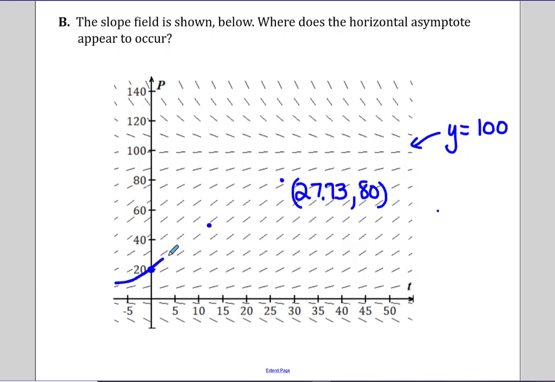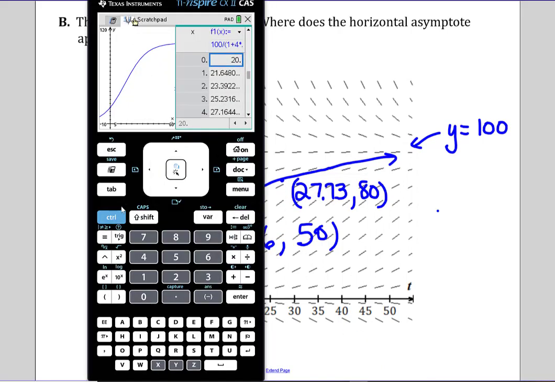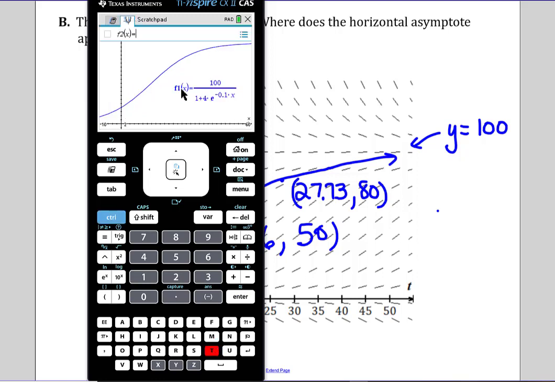And you can see we're following along that curve rather nicely. So at 13.86, we have a population of 50. And again, looking at the calculator gives us a better approximation right there.